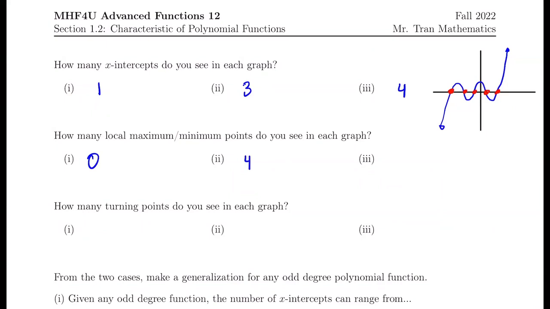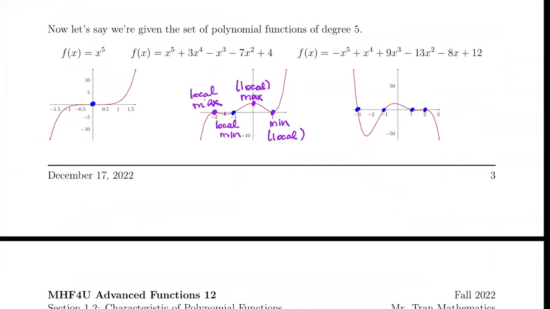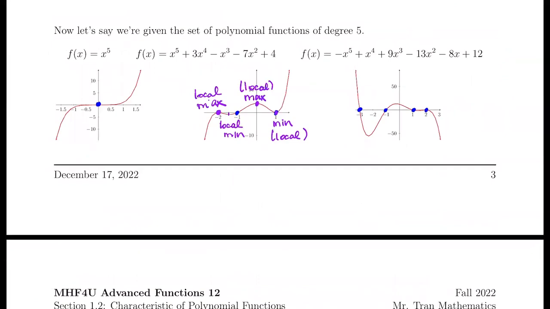And how about the third graph? Well, here we would see that we would have this point over here, this point here. There's one that's hidden over here, and there's one at the x-intercept here. So this point over here would be the minimum point, which is also a local.